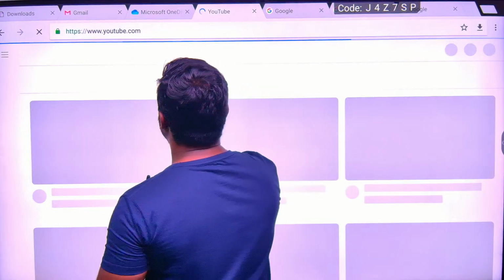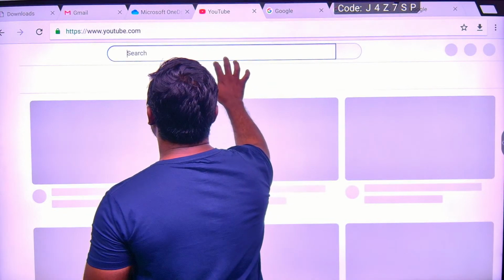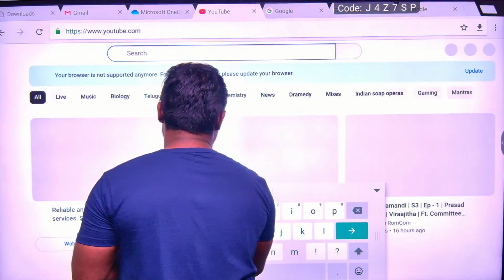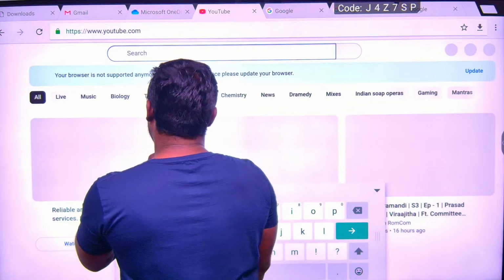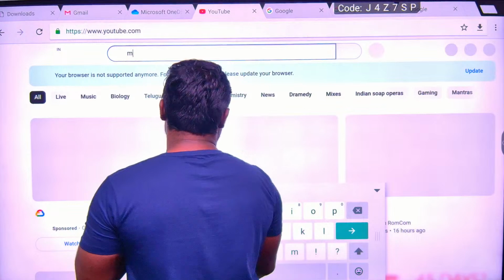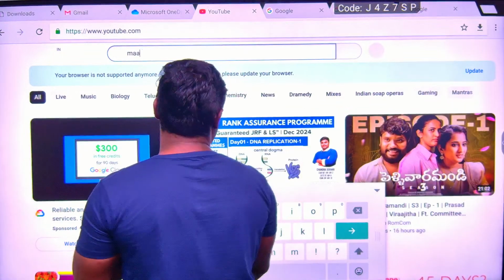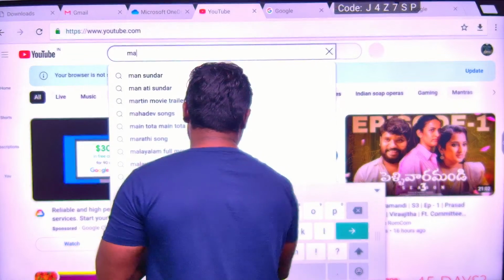Animations will really help us in remembering in very simple ways. Just a minute.